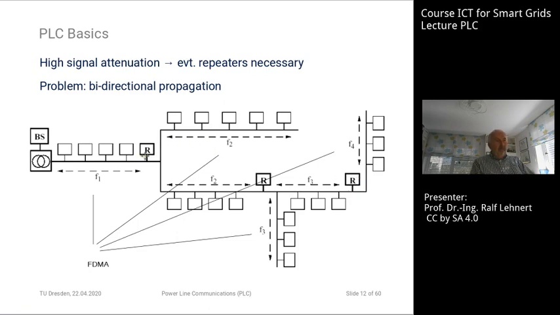That means if we do use different frequencies, in this case 4, our bandwidth which we can use is divided by 4 because we have 3 repeaters. F1 here, F2 here, F3 here, F4 here. If there is a strong attenuation, and definitely the attenuation from here to here over this long distance is eventually so strong that we can't hear the signal F1.